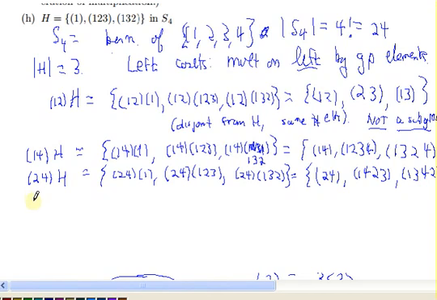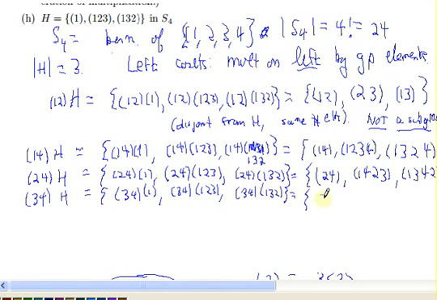Let's try (3 4) and see what we get there. Okay, I'm going to start out with (3 4). Okay, let's do this next one.